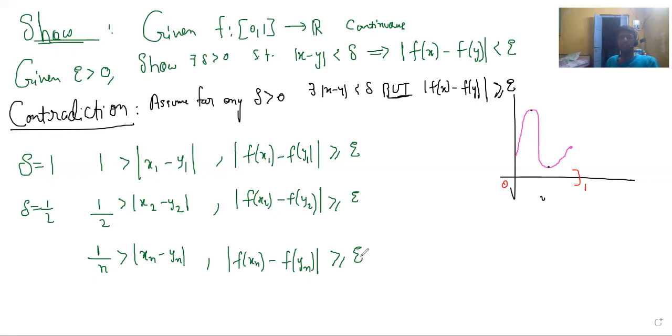So far, we have just rewritten the thing. What is happening is you're taking this delta, but then you're finding a place where the gap is more than epsilon. And you're taking another smaller delta, and you're finding some other place where the gap is more than epsilon. So that's not a contradiction directly by its own. You have to use the fact that you're in a closed interval, 0 to 1. Closed interval is important.